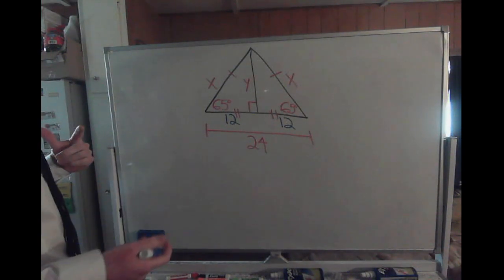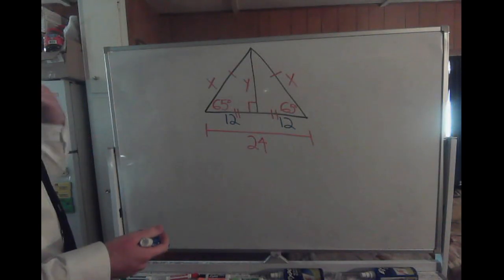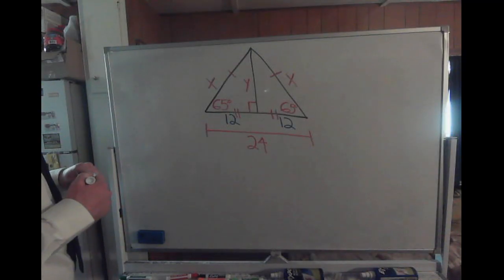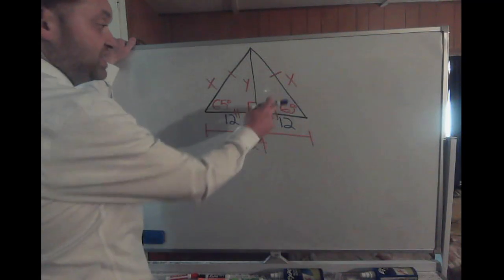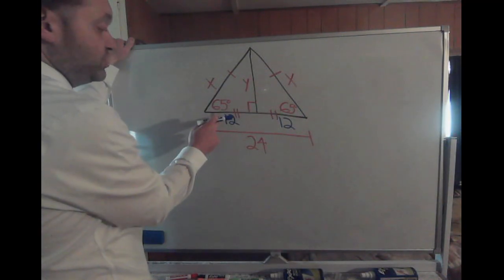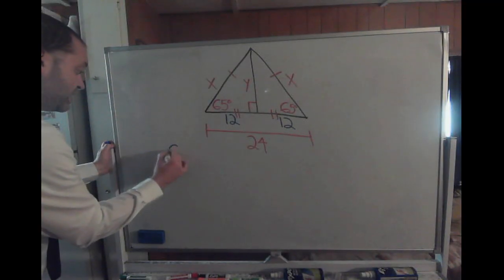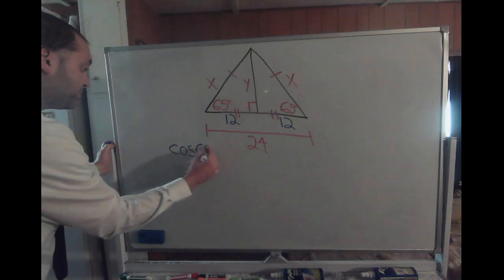Let's solve for x first. So if we want to solve for x, of course, we have 65-degree angles. We take the adjacent over the hypotenuse. So set up your cosine ratio for 65 degrees to solve for x.